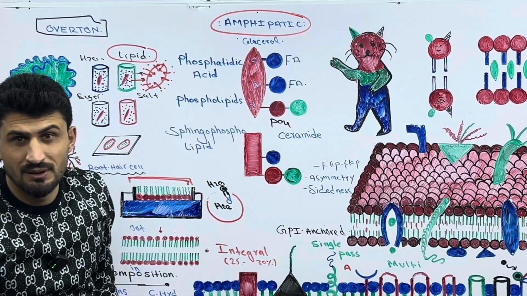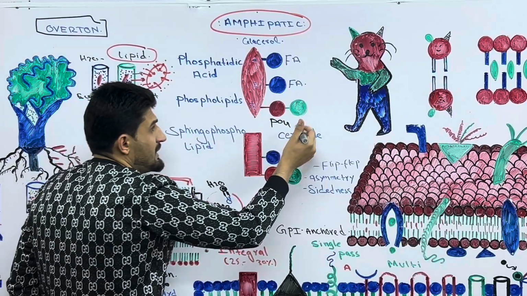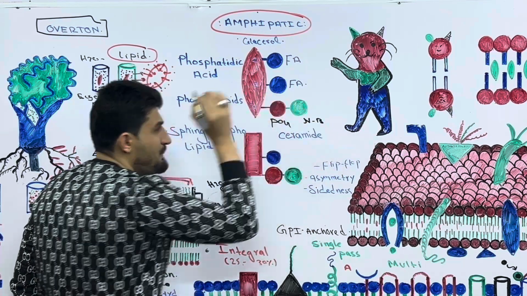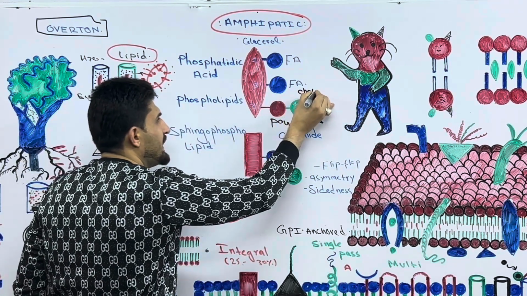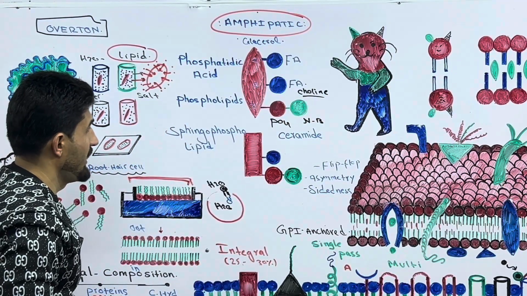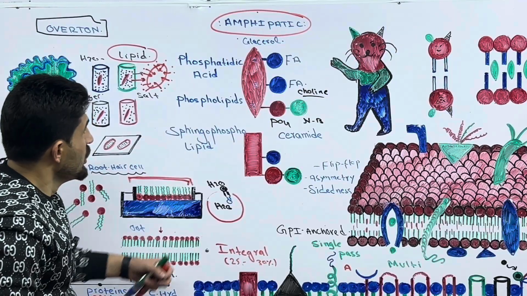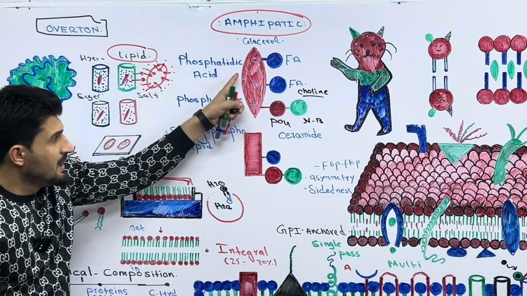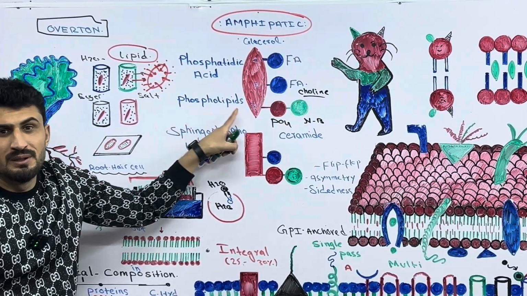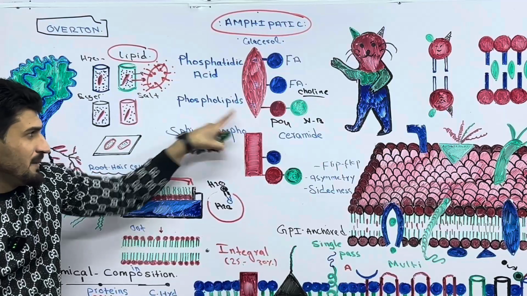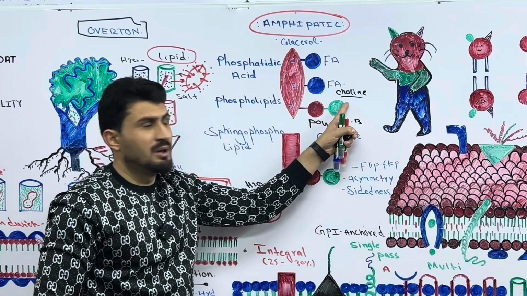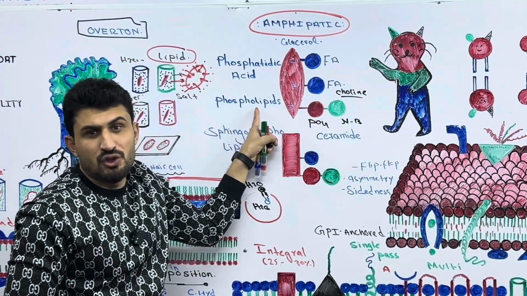And when we add an additional group to phosphatidic acid, for example a nitrogenous base such as choline, or some other nitrogenous bases that we'll talk about later on, collectively phosphatidic acid plus a nitrogenous base are called phospholipids. We have different types of nitrogenous bases usable in the phospholipid structure.